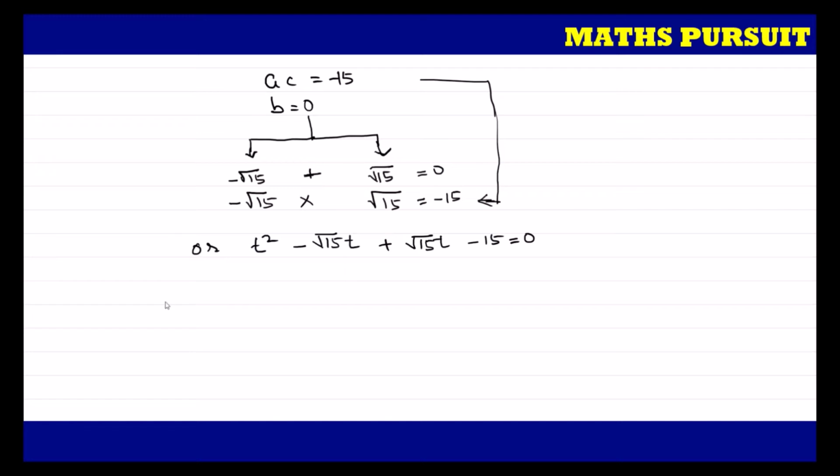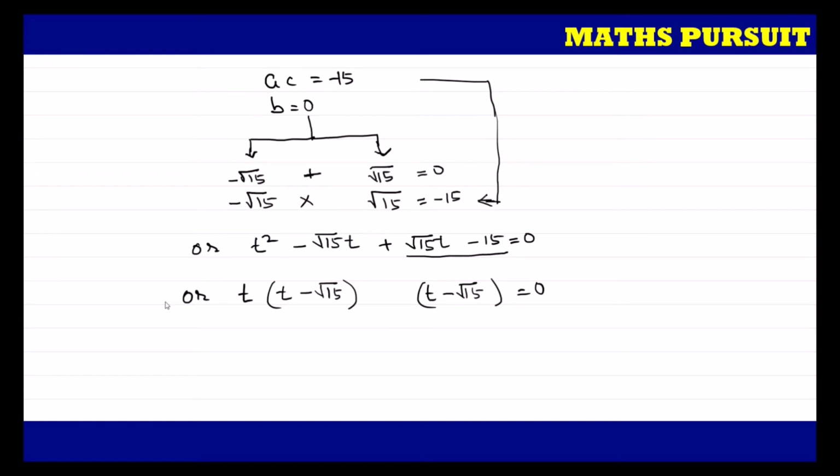So we can now solve it in the usual way. Taking t as common, I can write this as t into t minus root 15. Now here we have root 15t minus 15.